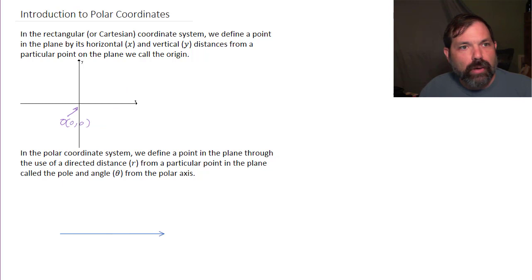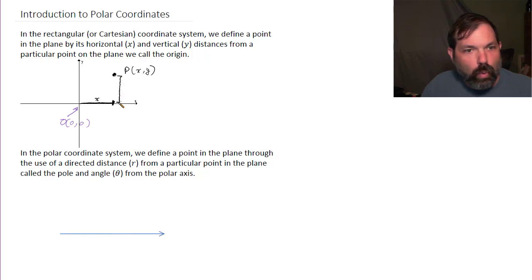And then any general point in the plane, this point P, the point (x, y), says that from the origin we've moved x units in the horizontal direction and y units in the vertical direction, and we've called that point P(x, y).